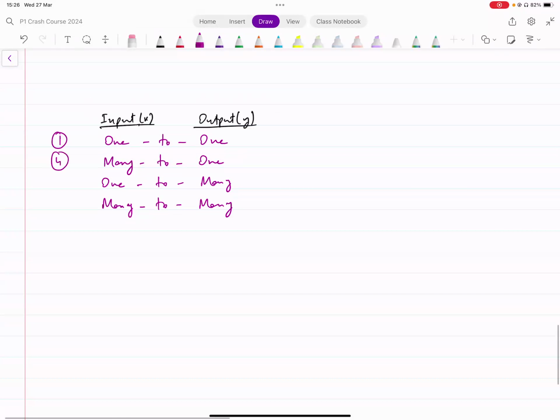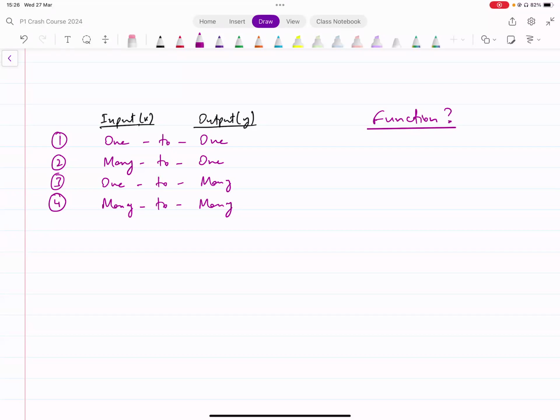These are 4 different types of relations. Now, there's something that we call a mathematical function. All of these are relations: one-to-one, many-to-one, one-to-many, and many-to-many. These are 4 different types of relations that we have.